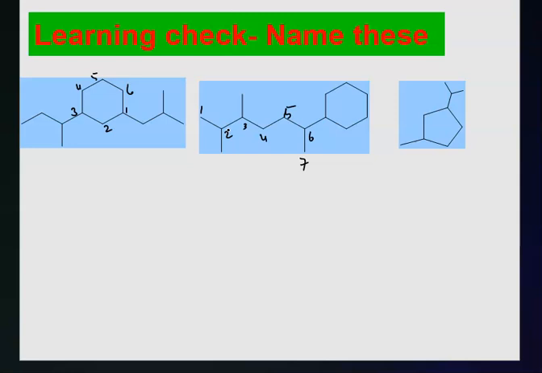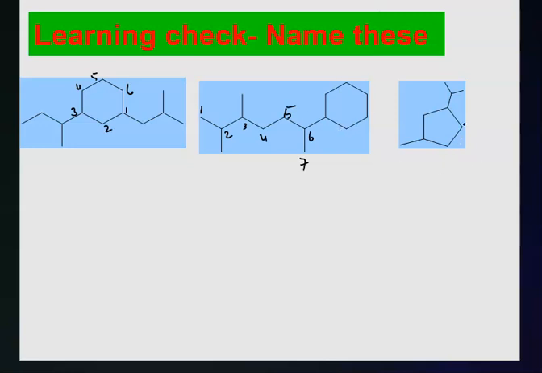So you are giving the second and third position to the methyl group. So it's 2,3-dimethyl, 6-cyclohexyl. Now this becomes cyclohexyl, and since it is a 7-carbon atom chain, it will be a heptane. And so the cyclic ring becomes a substituent here.